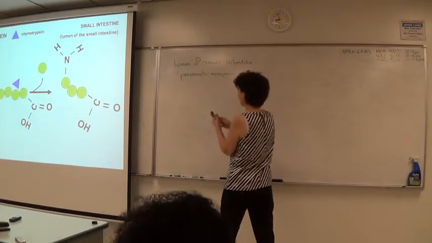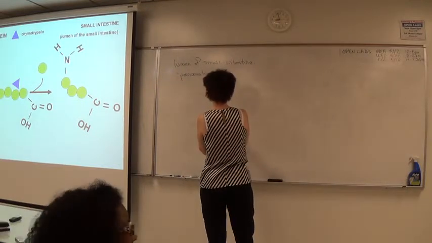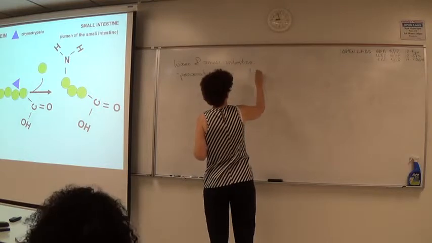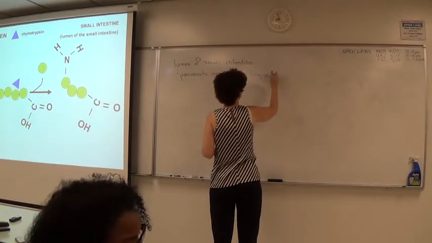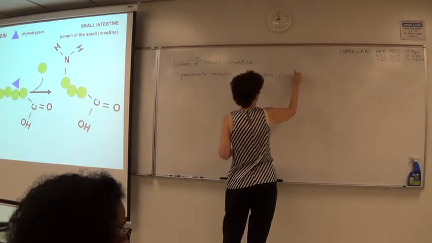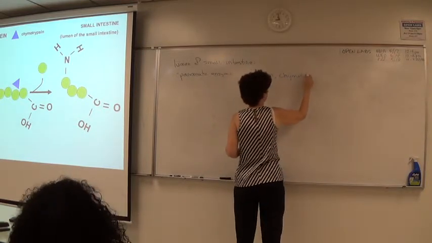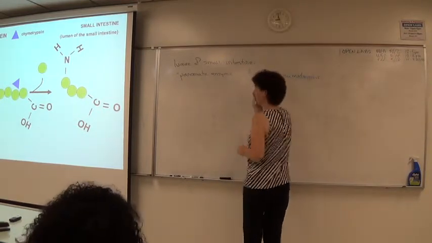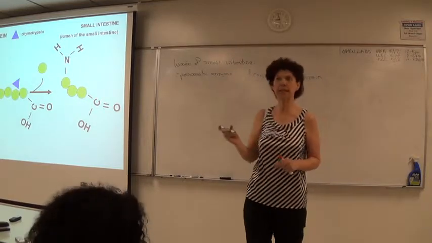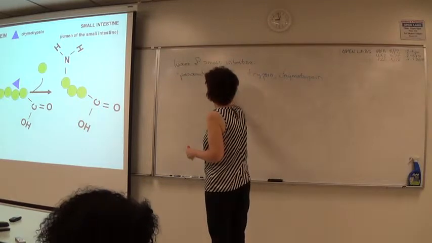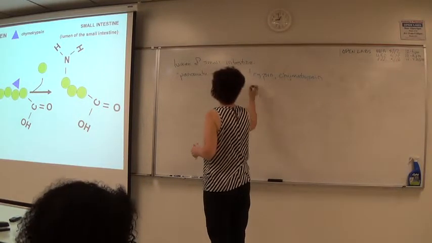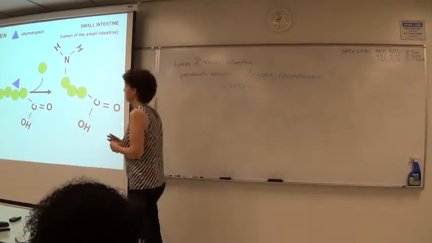So our pancreatic enzymes, trypsin and chymotrypsin. The pancreas also makes carboxypeptidase, but most of it is made by the small intestine. And so we now have oligopeptide short chains.